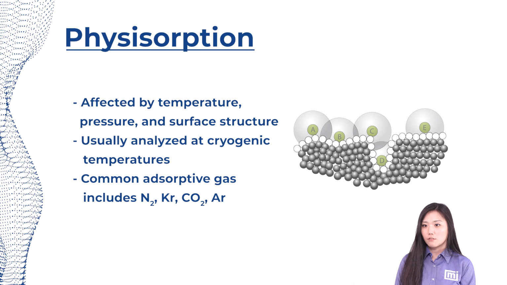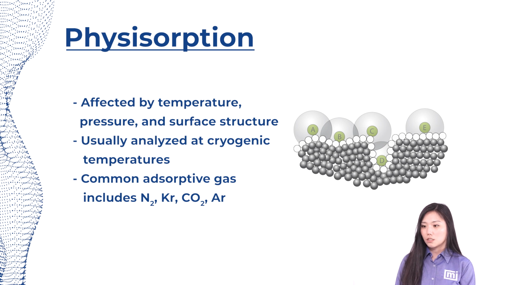We have a diagram on the right to help us understand how the surface structure affects the order of adsorption. Even though it is non-selective, if the gas molecule is exposed to more surface, it will preferably adsorb first to that surface structure.